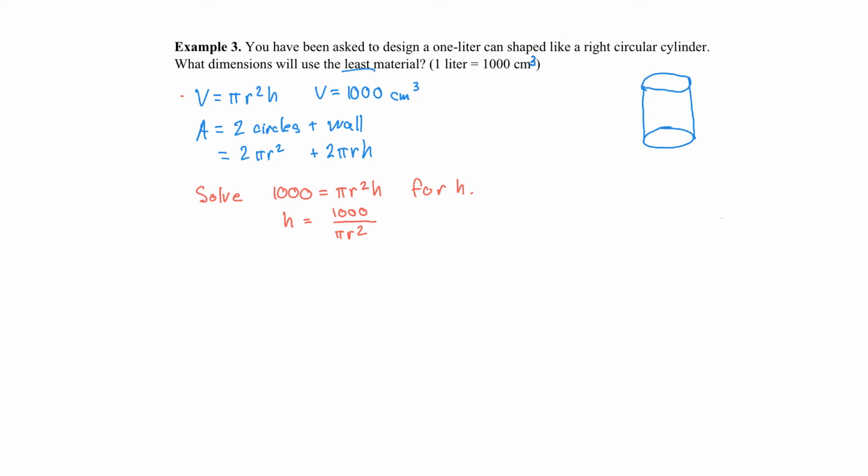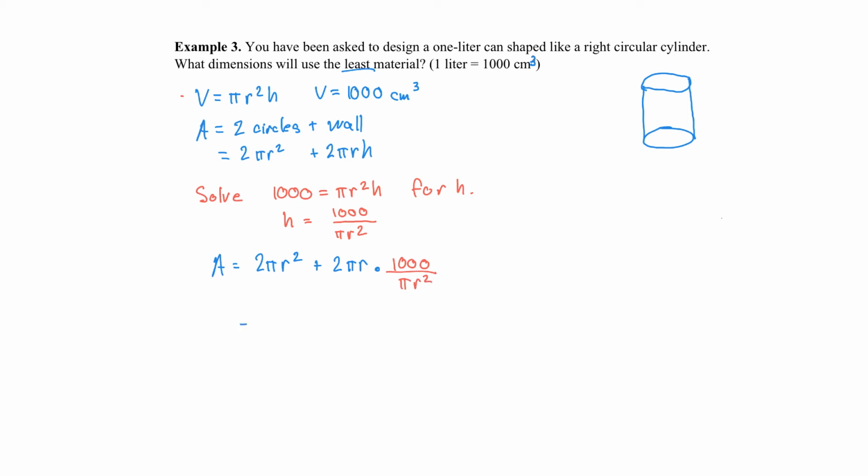Now, substitute this back in. We find that the area is equal to 2 pi r squared, no h there, plus 2 pi r times h, so 1,000 divided by pi r squared.